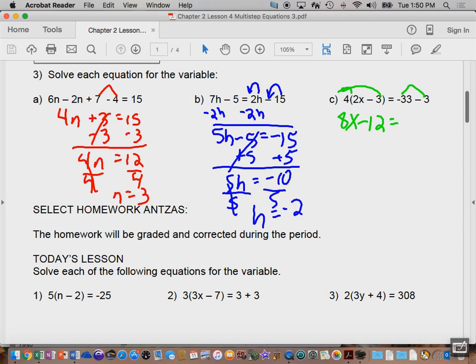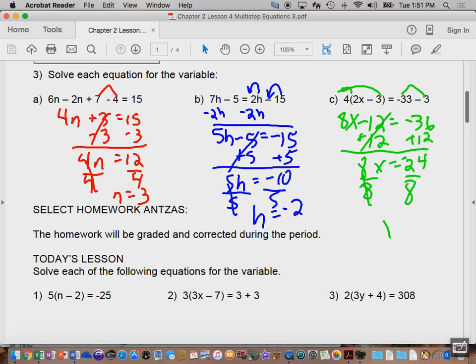If I have 33 negatives and 3 more negatives, what do I have altogether? Negative 36. Nice. Add 12. 8x is negative 24. Divide by 8. x is negative 3.